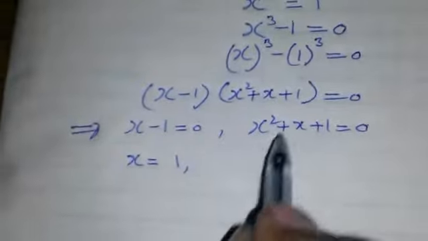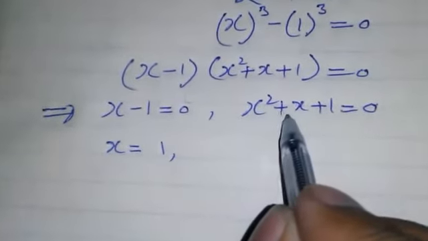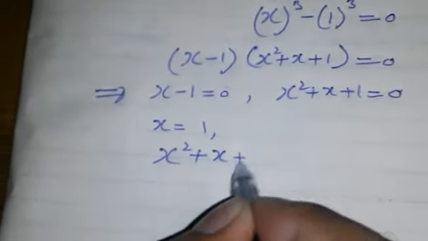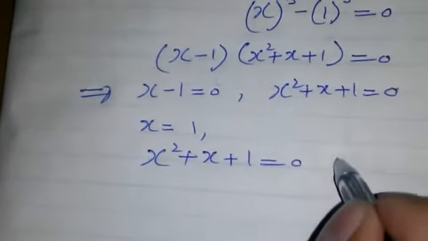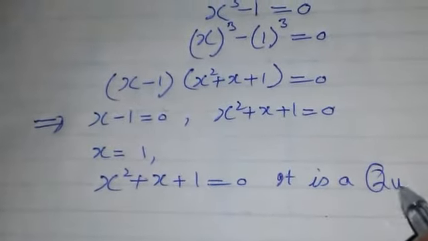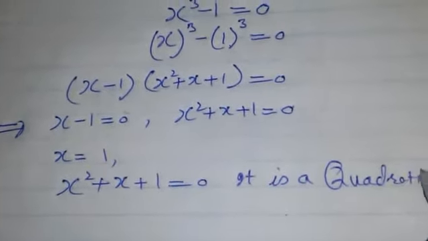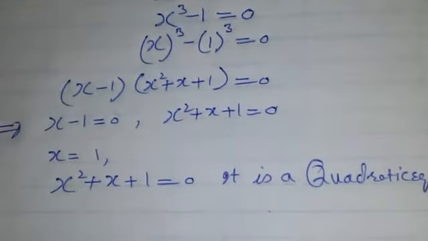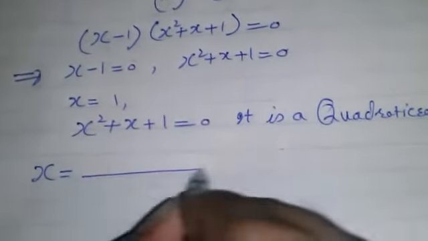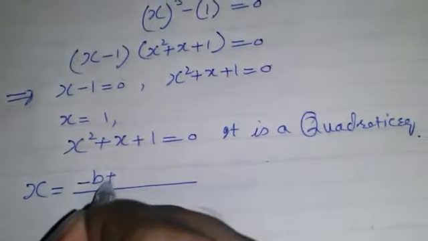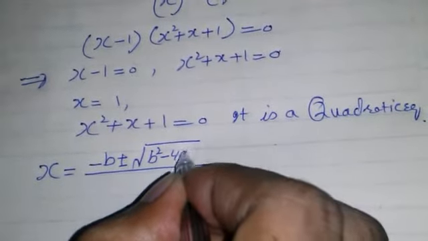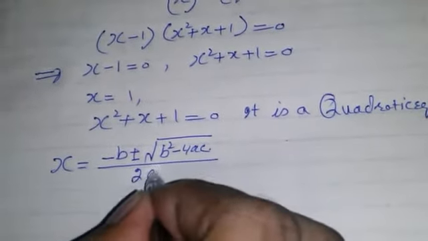Now we have to find the other roots. Now we consider x square plus x plus 1 is equal to 0. It is a quadratic equation. So the solution of a quadratic equation is given as x is equal to minus b plus minus under root b square minus 4ac over 2a.